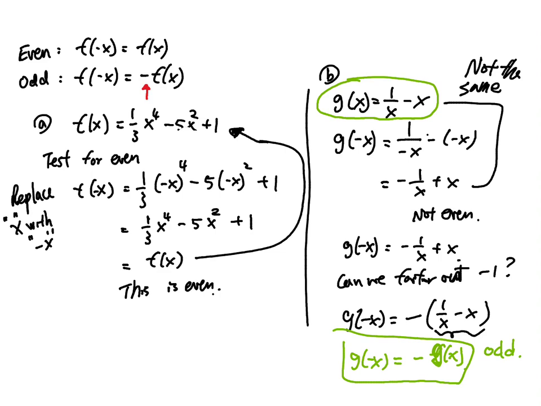Okay, let's go ahead and move on to part C. h of x is x cubed minus x squared. Again, testing for even or odd, so plug in the negative x. Hopefully we get good results.